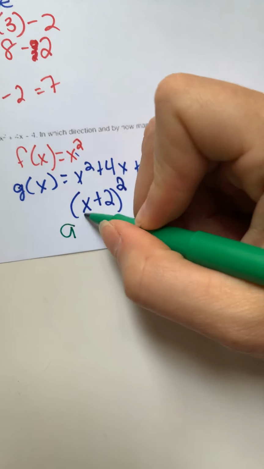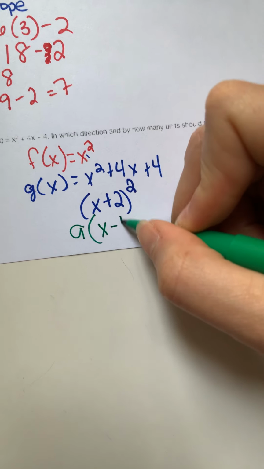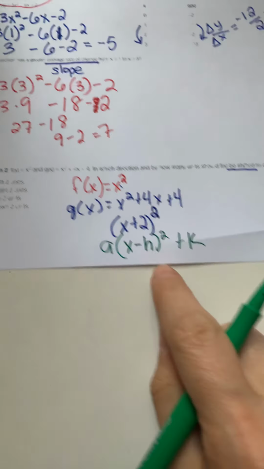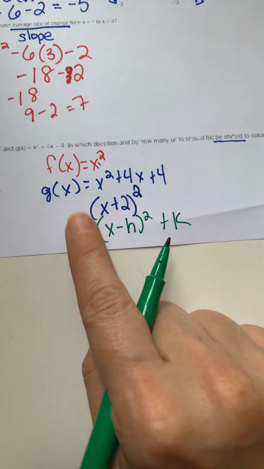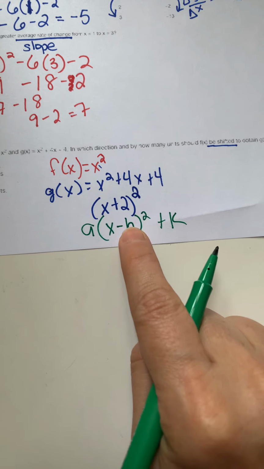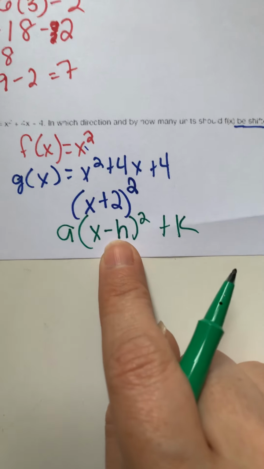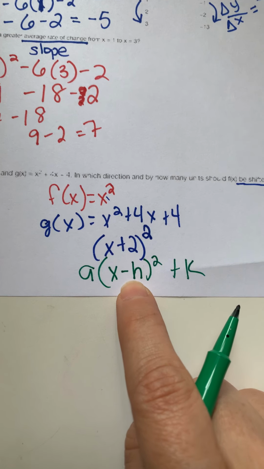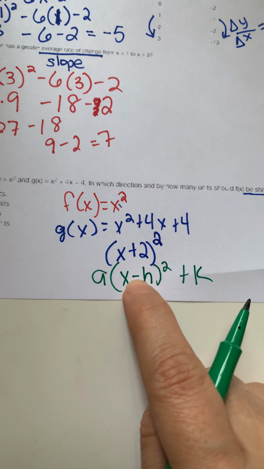Your vertex form is x minus h squared plus k. Okay, so I didn't change a. There's nothing there. I didn't change k. There's nothing there. All I did was I added 2 to x in the parentheses. But this is minus.